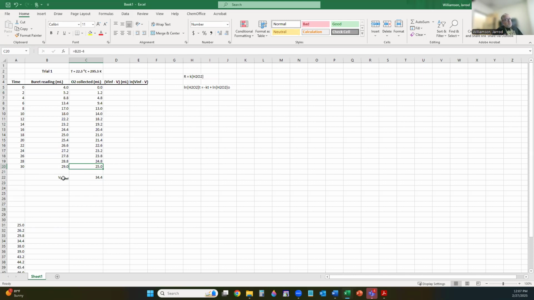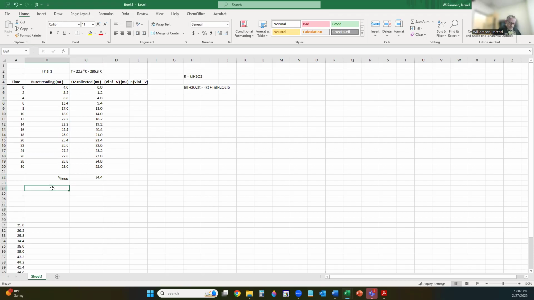Well, here I did that. I call that measurement volume heated. That's 34.4. That's not V infinity. V infinity is going to be 34.4 minus this 4. This is the burette reading.